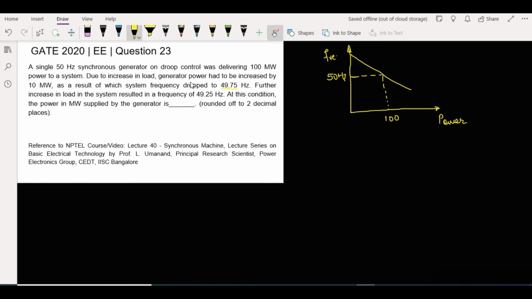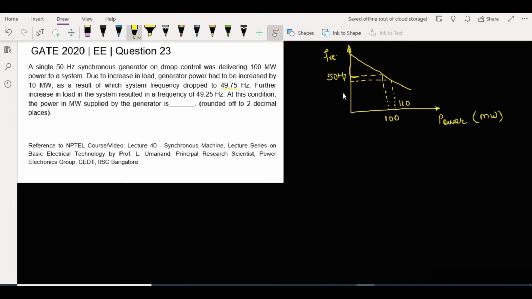And there is an increase in power by 10 megawatt, right? So if there is a droop in frequency, then there is an increase in the power, and this is, say, 110, in megawatts, fine.